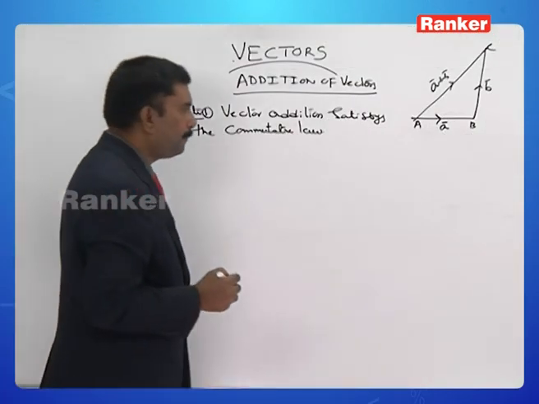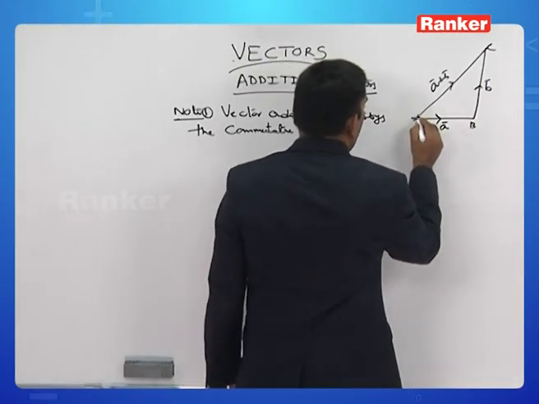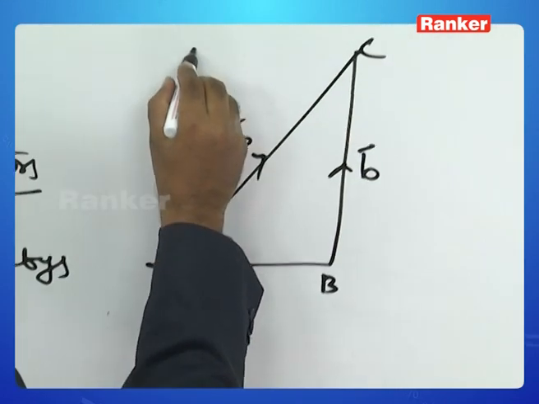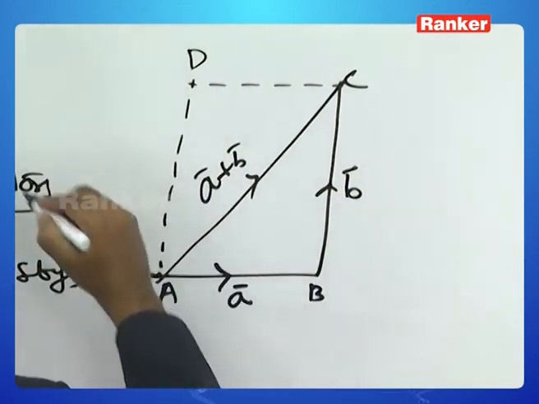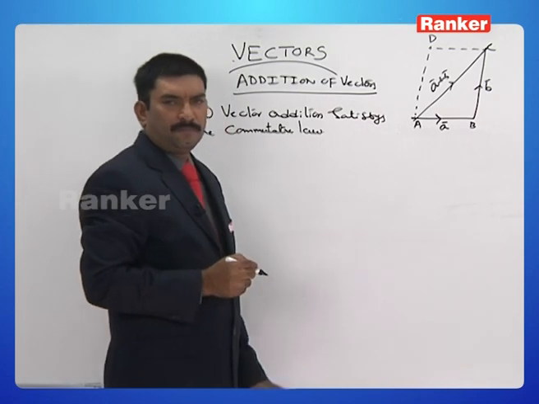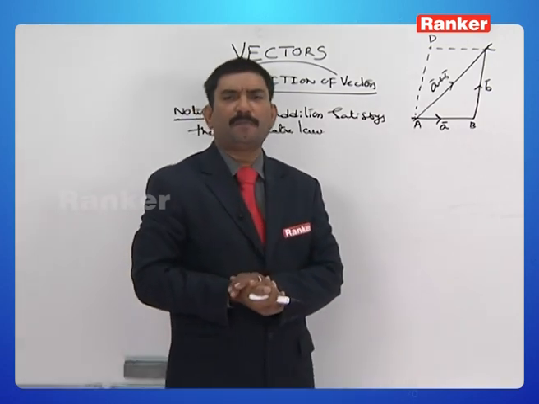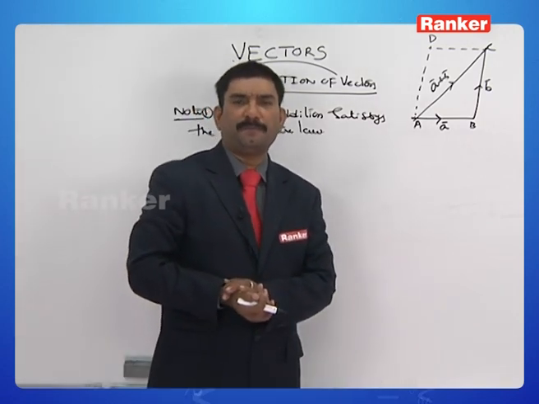Commutative law. Now what is that? This can be constructed as a parallelogram. Now commutative law is nothing but the parallelogram law of addition.